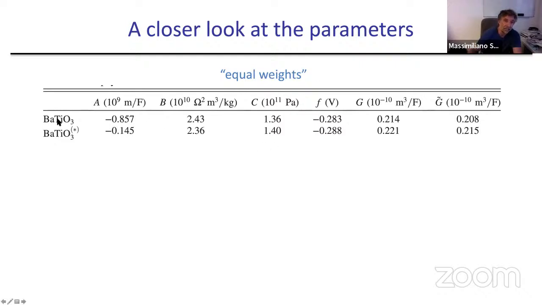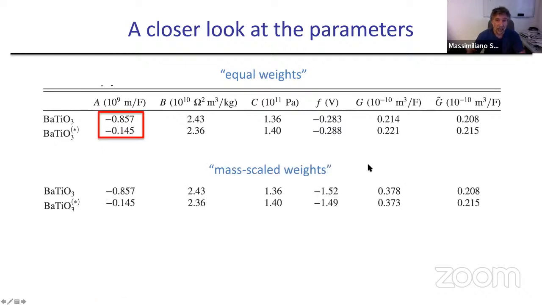And it's particularly interesting to compare the two versions of barium titanate, because typically in Landau theory, we have critical parameters that are supposed to depend a lot on external perturbations like temperature or pressure. And this is the A parameter. And the other parameters are supposed to depend much less on external conditions. And this is exactly what we get here, as you see from our study.